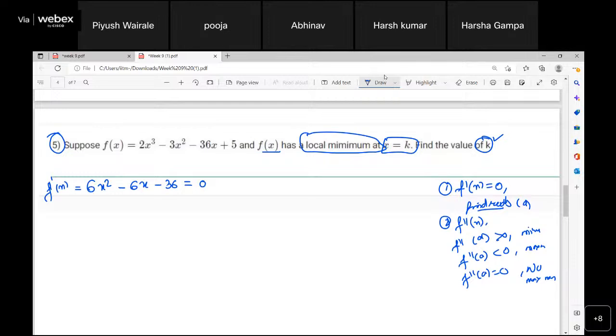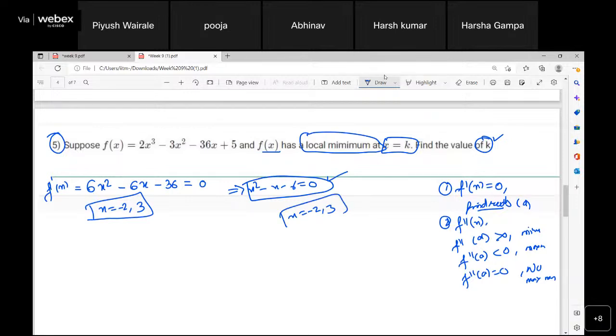Minus 2 and 3. You can simply divide it by 6 here also, so it will be x square minus x minus 6 equals 0. The roots of this equation will be x equals minus 2 and 3, right? So k equal to 3 is the answer.